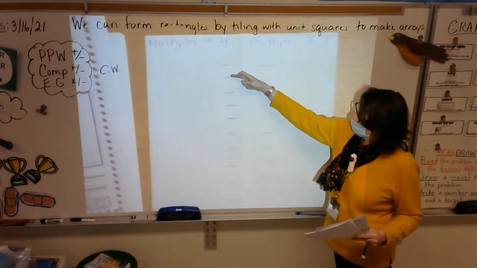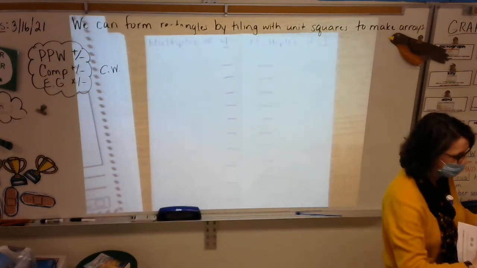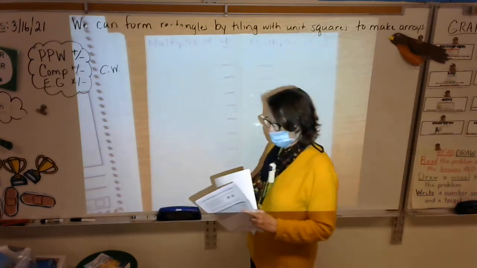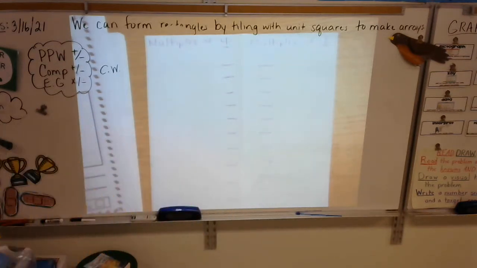Skip count 4, 8, 12. Go ahead and do that right now. Fill in your multiples of 4. Yep, fill in your 4s, going down the column. And you can compare your column with your neighbor if you want, with your elbow partner.